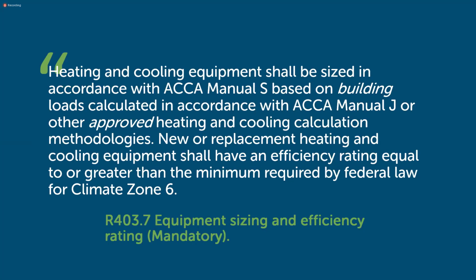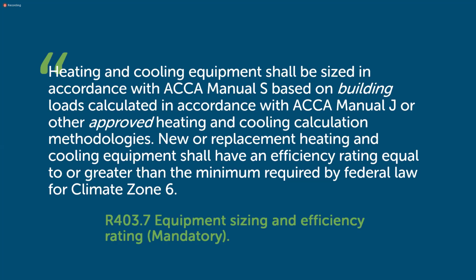So here's a big important item that stands out buried in the code. This comes from Chapter 4, in the middle of the energy efficiency section of the code, R304.8. And this is the basis of design for sizing equipment. So this is industry standard.